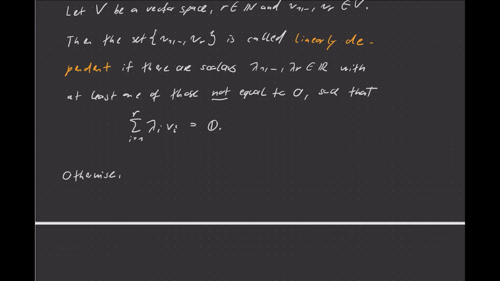Otherwise, the set v1 to vr is called linearly independent.